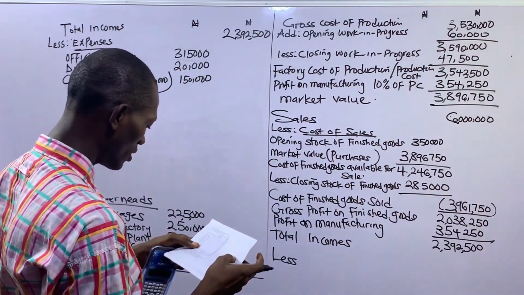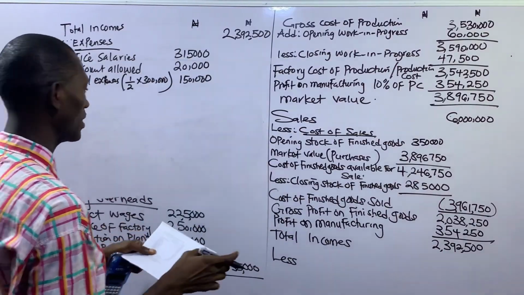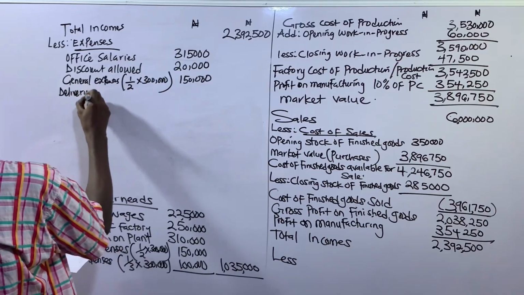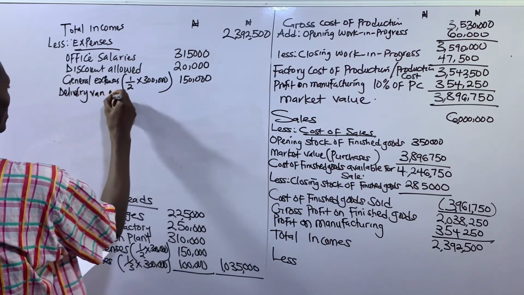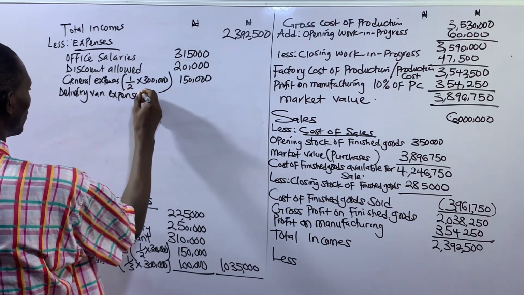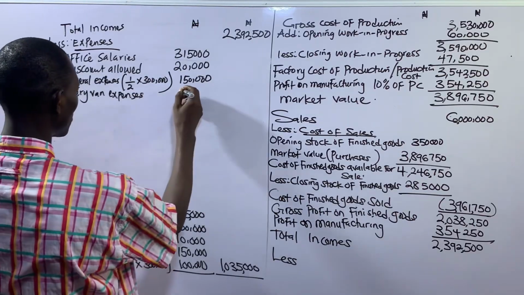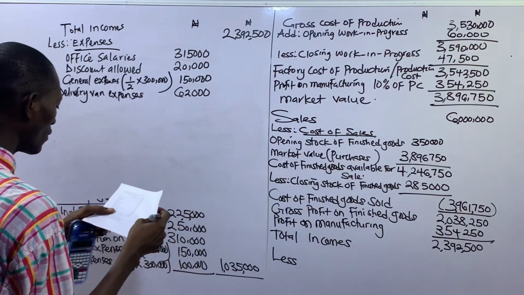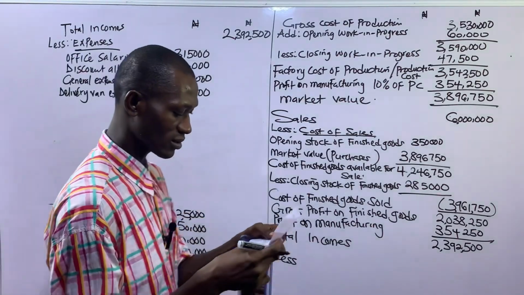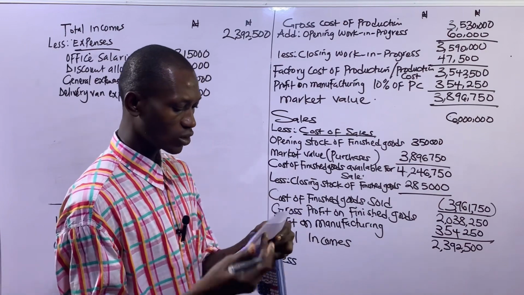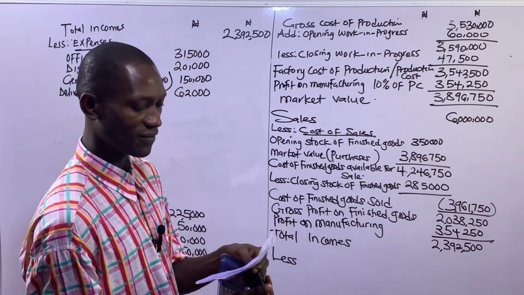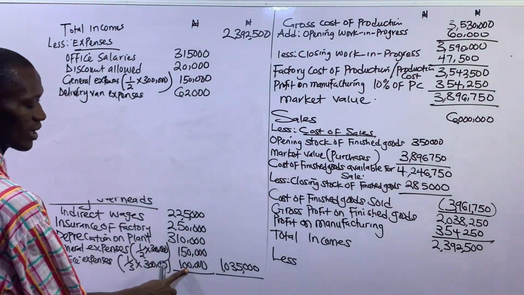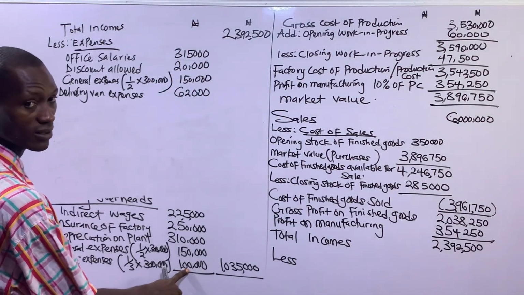Good. Then delivery van expenses is also going to be charged. That was given as 62,000. Then we have office expenses. We were also told that one third of office expenses should be treated as factory costs. So we have charged one third, which is 100,000, to the factory overheads.